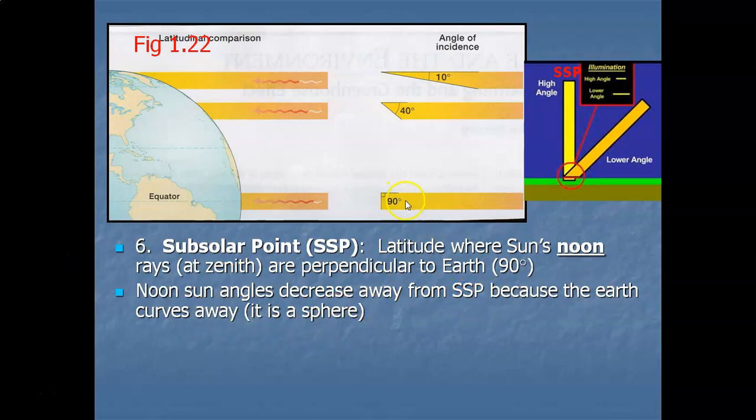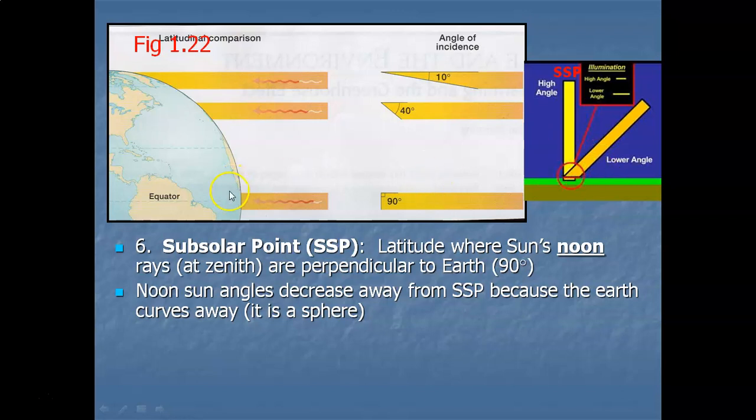So in this diagram, we're showing that the sun is over here on the right, and right at the equator, this is the point, this is the latitude location that is getting the most direct, most intense rays of the sun directly overhead. And this over here on the right is showing you the sun at noon is coming in at a direct 90-degree angle.